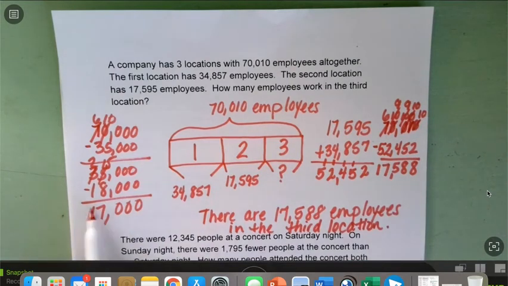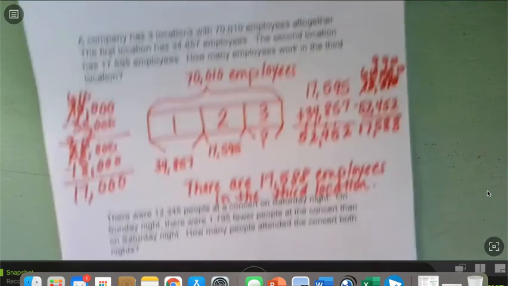Does our estimated answer let us know whether or not this is a reasonable answer? Yeah, they're pretty close, right? When we estimated, we got 17,000. Our actual answer was 17,588. Now, that doesn't mean that we didn't make a silly mistake in our addition and subtraction, but we know at least that our answer makes sense. Okay, let's try one more problem together.